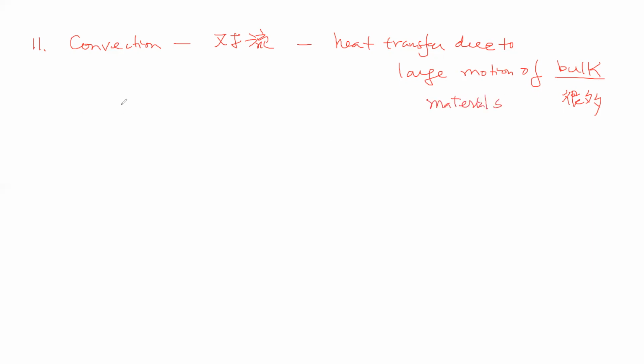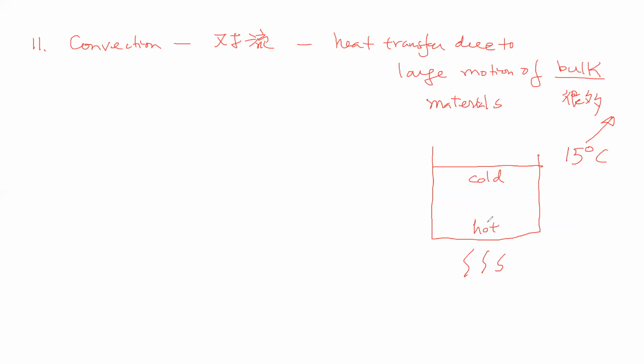Okay, so the example is like when you have a pot of water and we have fire, and then this original is cold water, say 15 degrees C, and it's going to increase in temperature. So then this side is going to be hotter, right? Because it's closer to the fire, and this side is going to be colder.